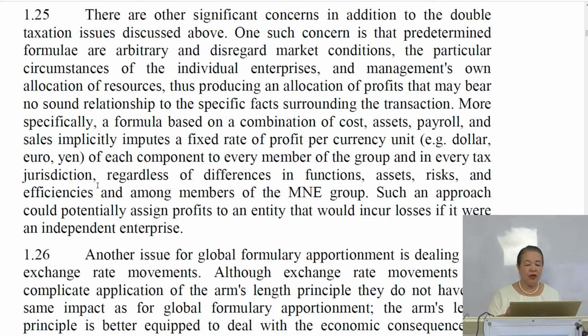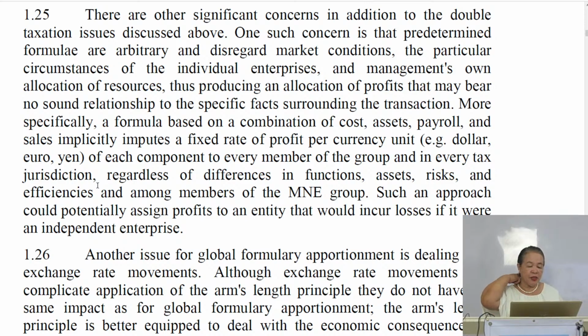The particular circumstances of the individual enterprises and management's own allocation of resources, thus producing an allocation of profits that may bear no sound relationship to the specific facts surrounding the transaction, no?